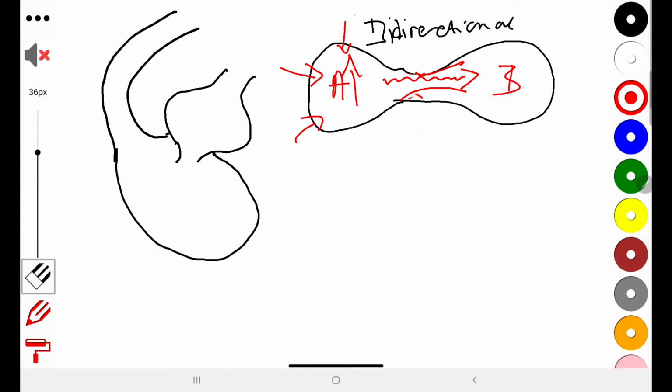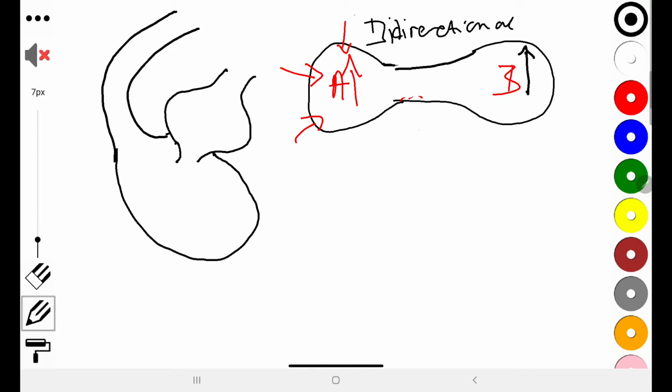But then once that pressure starts going down, the valves will actually close. They will flop back, so to speak. But then when pressure in B gets higher than pressure in A, then the valve opens this way so that what's in B can go in A.